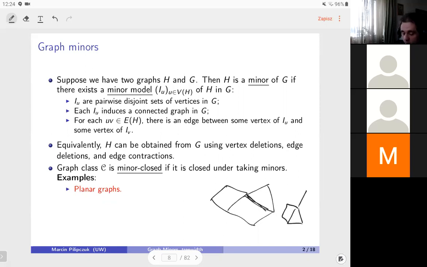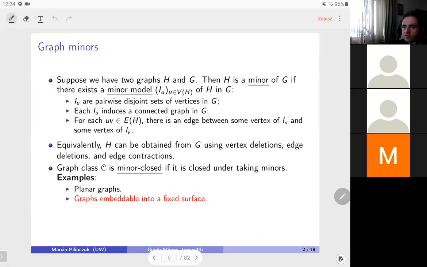Okay, so if you know a bit more, you can generalize planar graphs to graphs embedded on a fixed surface, so a torus, a projective plane or whatever, or a torus with a few extra handles. Then also contracting an edge on such a surface keeps the drawing. You can maintain the drawing while contracting.